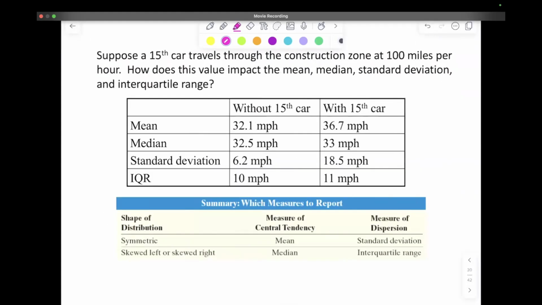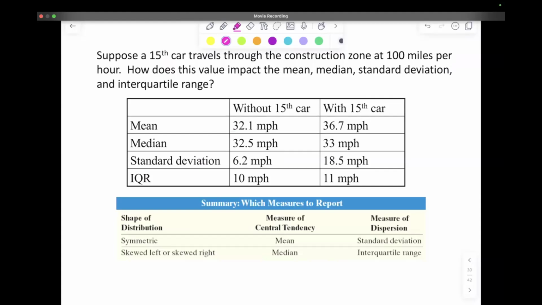So I want to show you why we use median. We've talked about it a little bit last week. A median is better when there's outliers or your data is skewed. So we have a 15th car. It travels through the construction zone at 100 miles per hour. Let's take a look at how it changes your mean and your median.